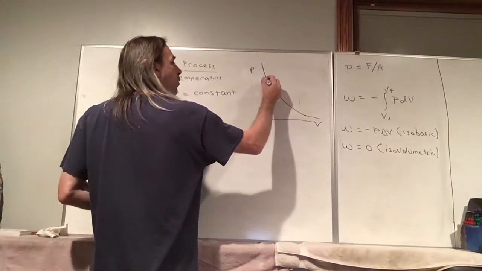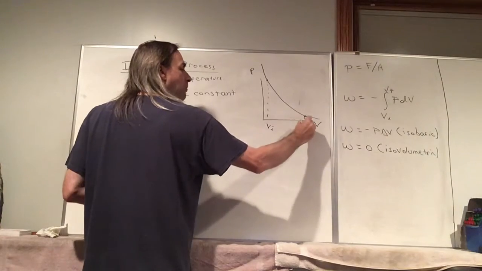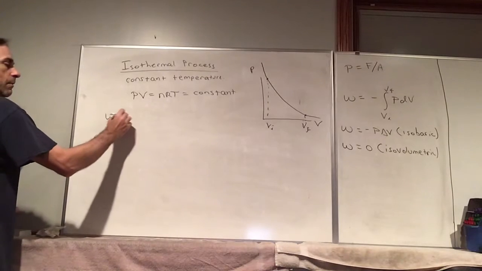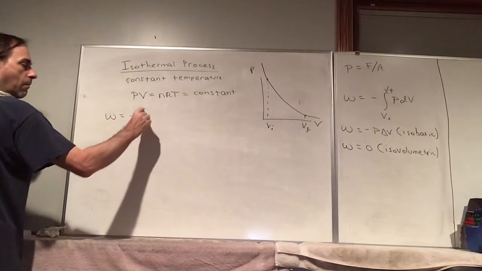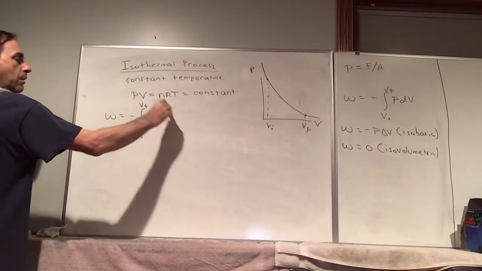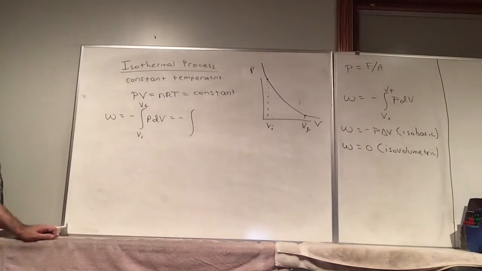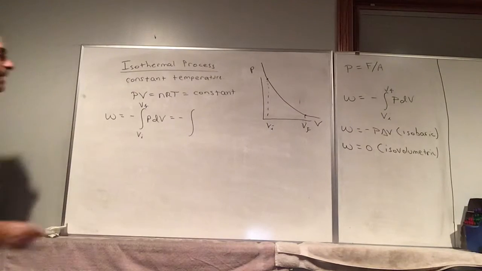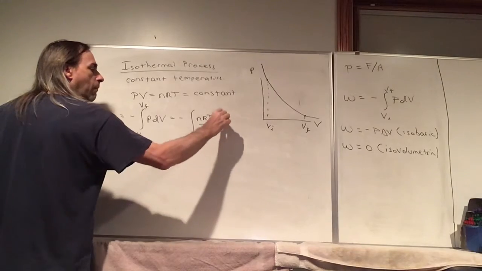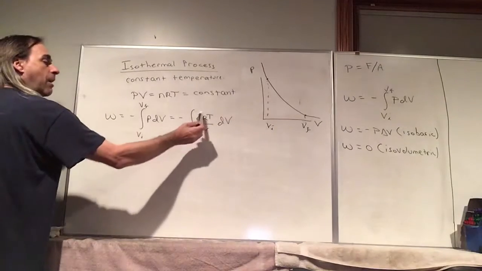And if we want to know about the work, say we go from an initial volume to a final volume, let's look at our definition. I'll just write it out in a few steps. Now we can write the pressure as nRT over V. And in this case, the temperature, N and R are fixed.